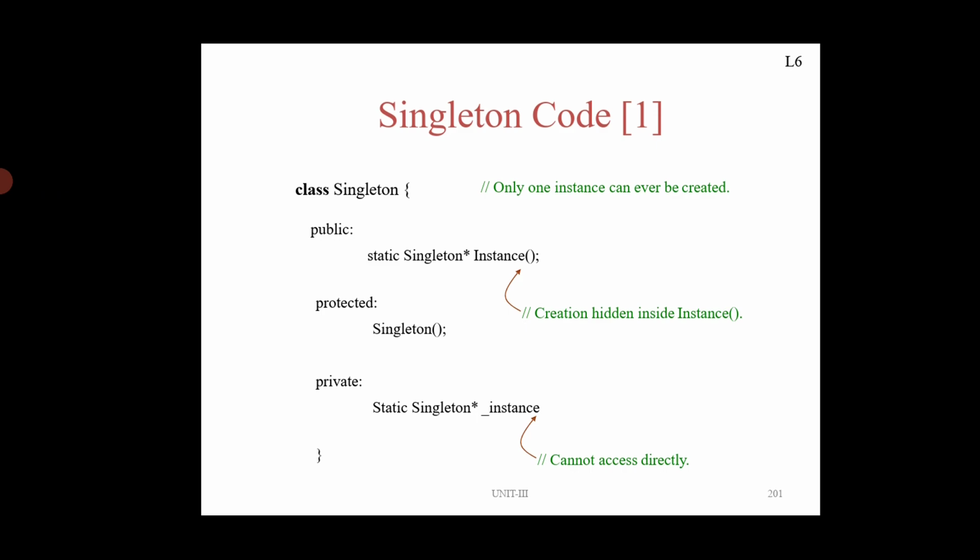This operation has access to the variable that holds the unique instance, and it makes sure the variable is initialized with the unique instance before returning its value. This approach makes sure that a singleton is created and initialized before its first use.